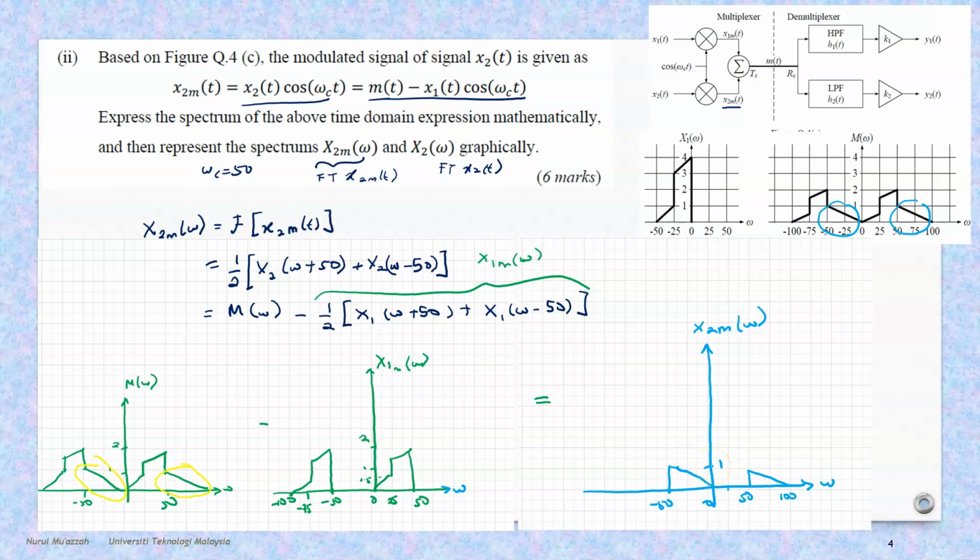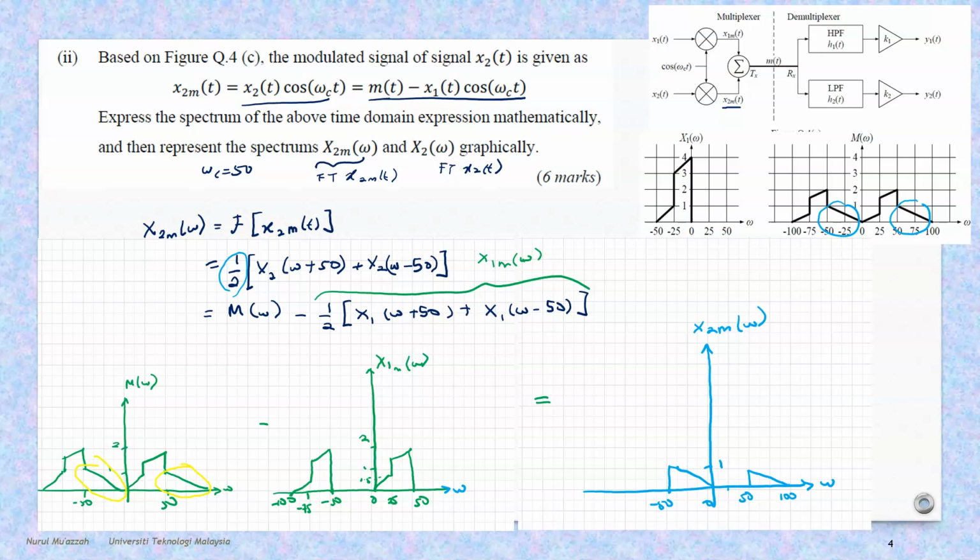Okay, why? Because x2m omega here is actually half of x2 omega in amplitude. The amplitude here is half because of this, from x2 omega.